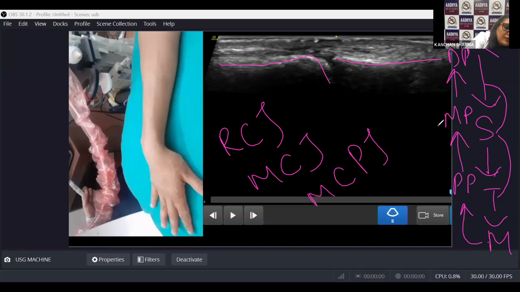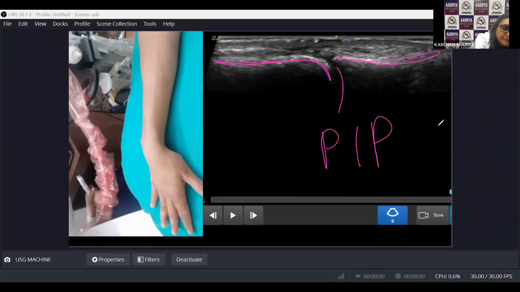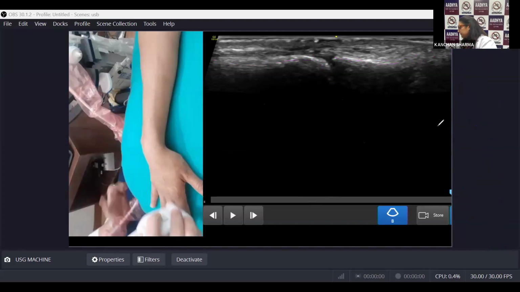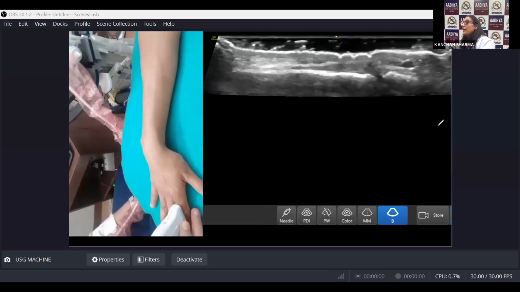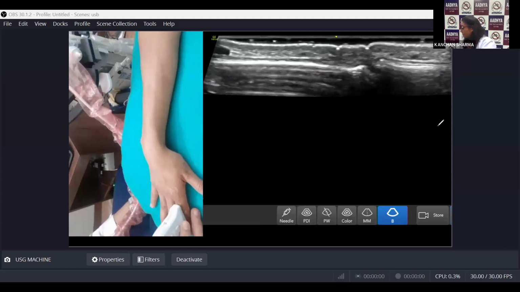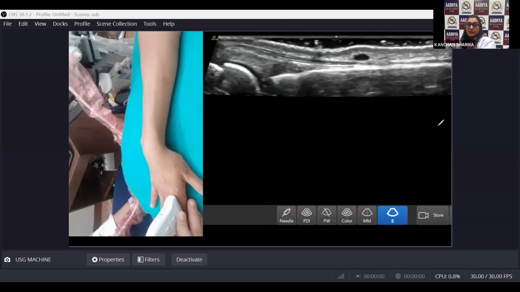Now where are we going? We are going to the proximal phalanx and the middle phalanx. So this becomes our PIP. And this was our metacarpophalangeal joint. You can see the tendon also very nicely.